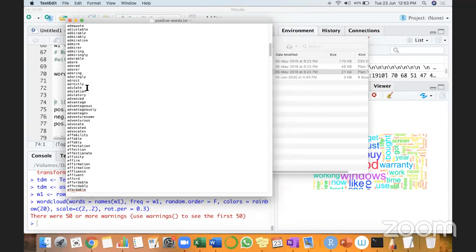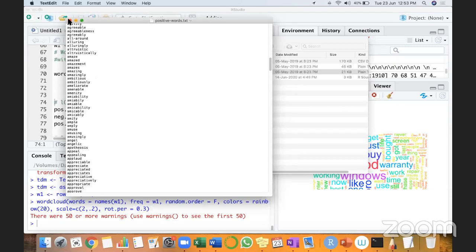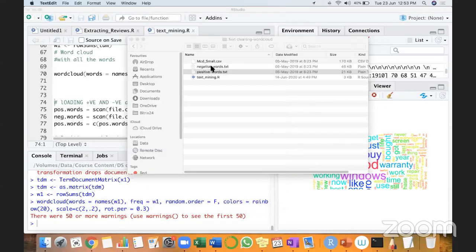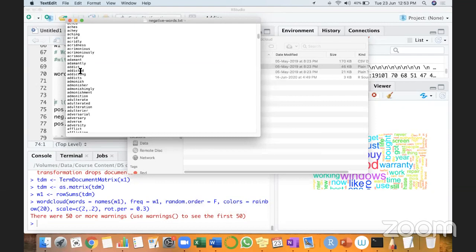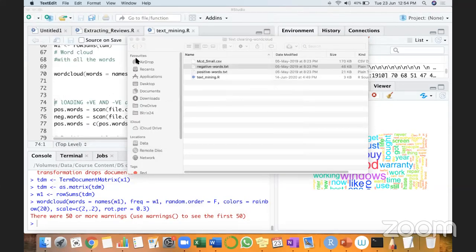If it matches, then we say that is a positive word and store it in a different data frame, a different variable. Similarly, we have a negative words list also: edict, adamant. These are the negative words. Again, we compare this word list with our review word list, and if it matches, I'll save it in a different variable. That is what we are going to do now.